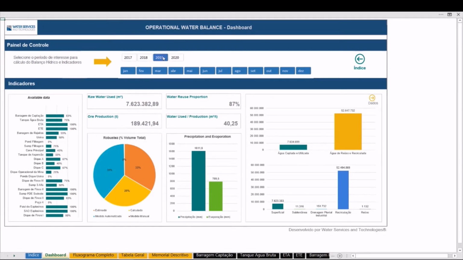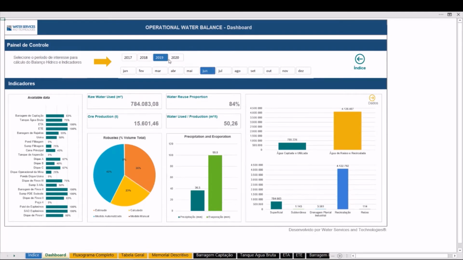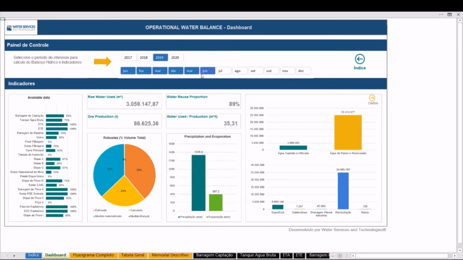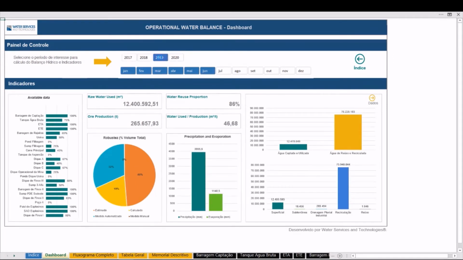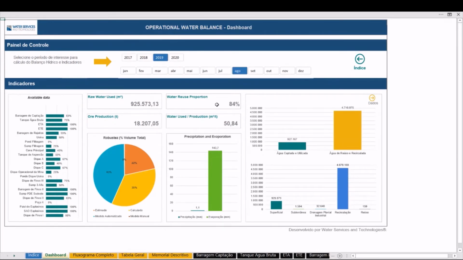Here we have some buttons where the user can select the period for which he wants to see data. For example, he can choose a specific month of a specific year, or different months, different years. So it's free for the user to select the period that he wants to see.